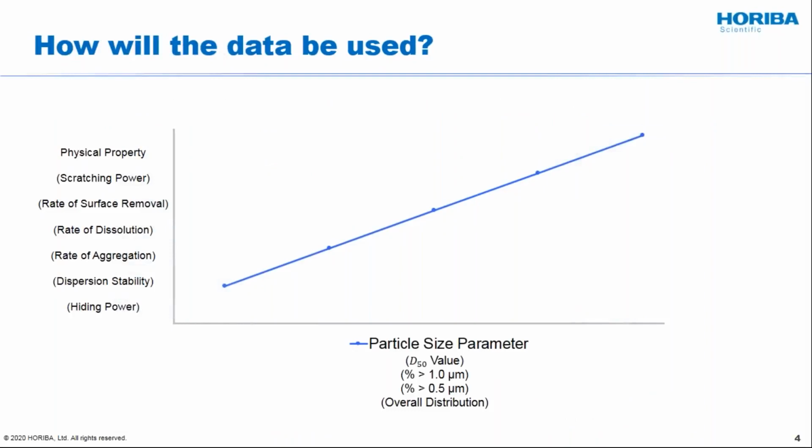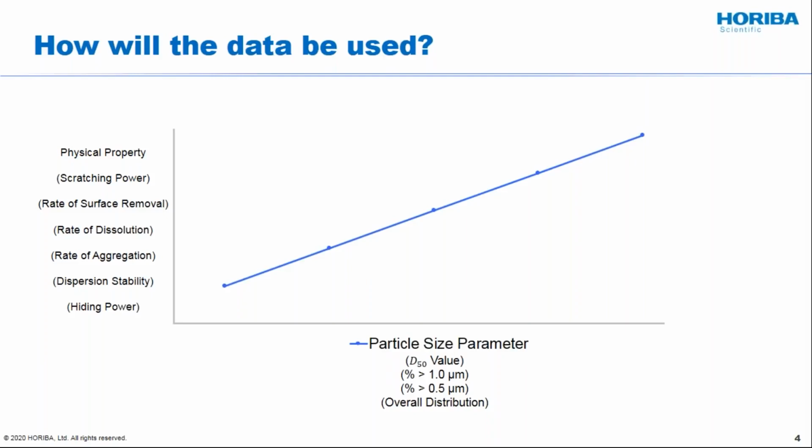Here we're trying to illustrate exactly what you're going to be doing with the data that you generate. We'll talk about generating the data a little later in our presentation, but to start out, we just want to show you what to do with the data. What we've plotted here along the y-axis is a physical property, which is what you really want to know about your particles.